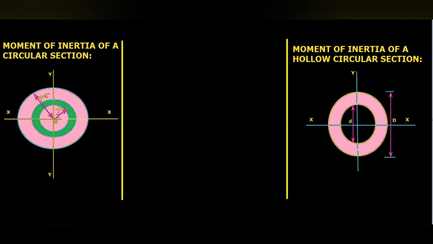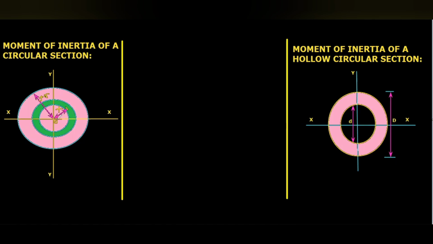Okay, then the XX and YY. For these two axes also, we are going to calculate the moment of inertia of the circular section. XX and YY are the horizontal and vertical axes passing through the center of gravity of the circular section, and these two axes are lying on the plane of the circular section, but the ZZ axis is perpendicular to the plane of this circular section.